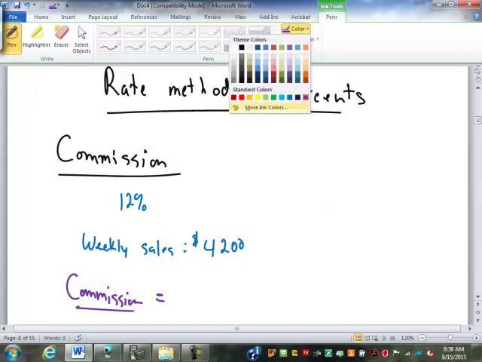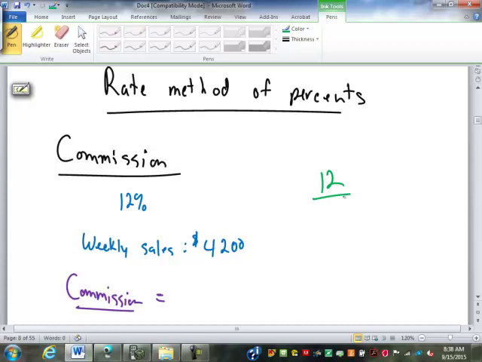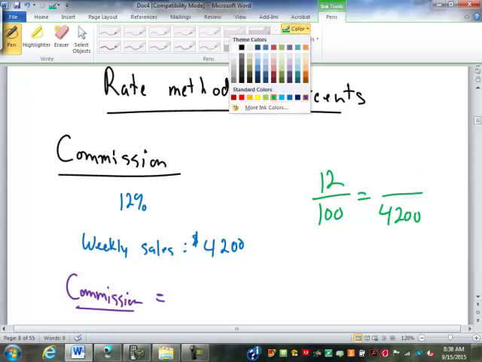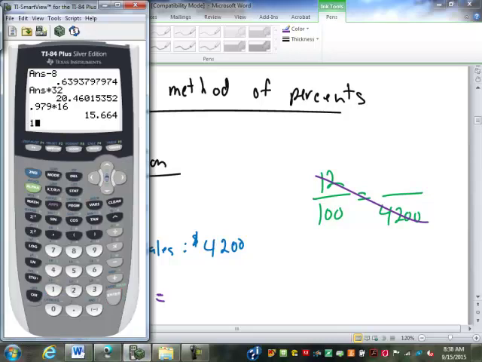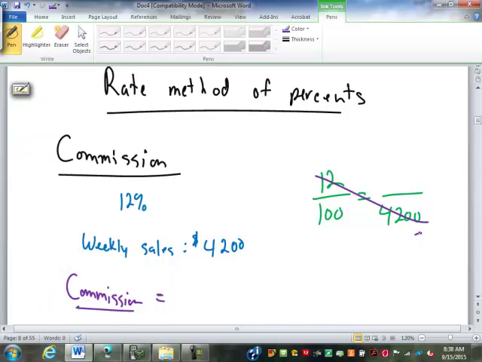Now using the proportion, it's not bad. 12 over 100 equals blank over 4,200. And you would cross multiply and divide. 12 times 4,200 would give you 50,400. Then divided by the 100, gives you $504 commission.